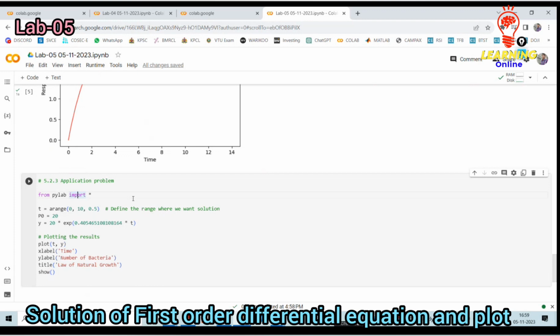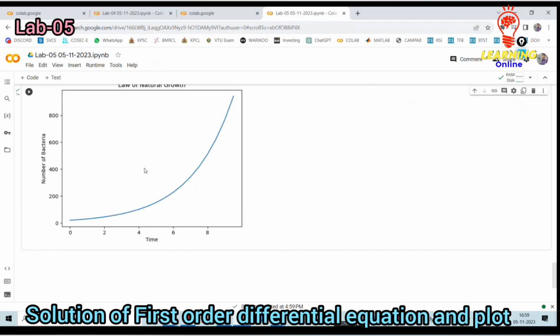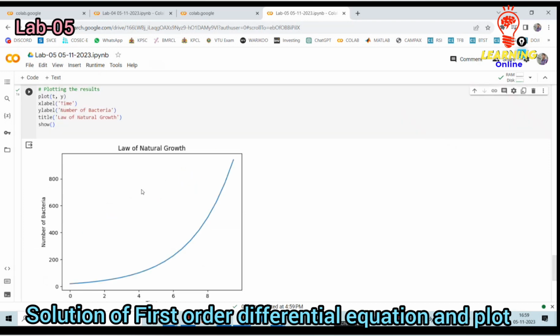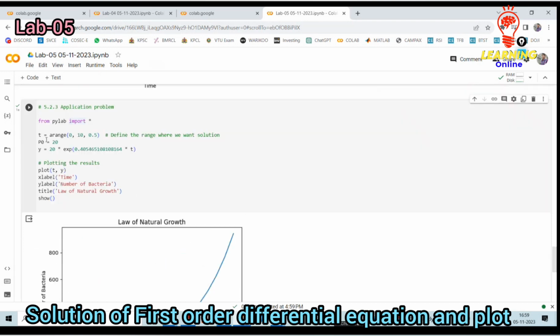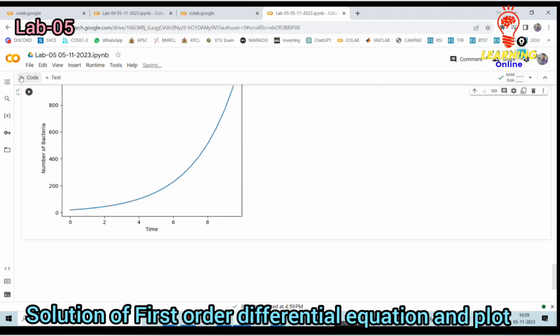Then p naught is equal to 20. Then y is equal to 20 times the exponential of that value. Then plot the result itself. Then I have to execute, because it is plot of t versus y. This is the natural graph that is to be present. Once you refer to the manual, the expression in that manual is to be defined. This is how we need to execute.